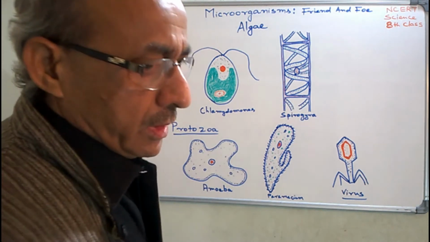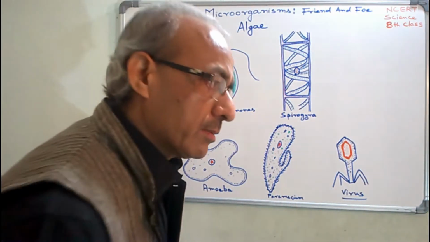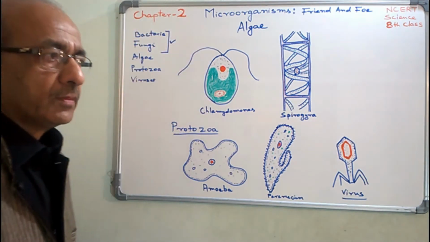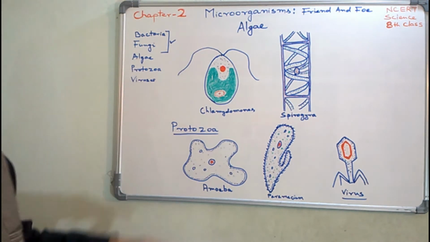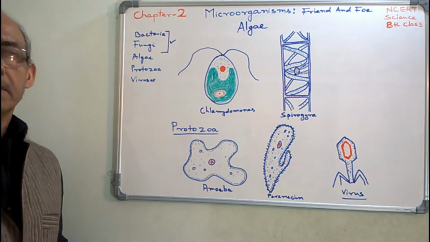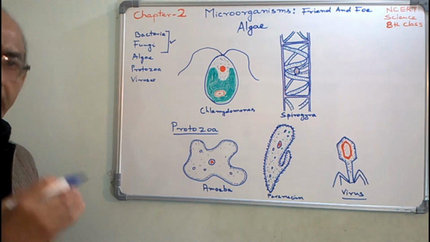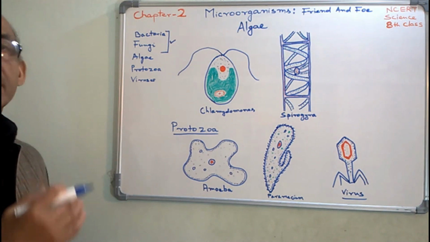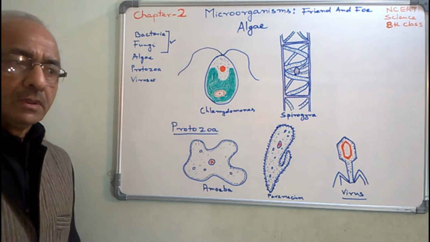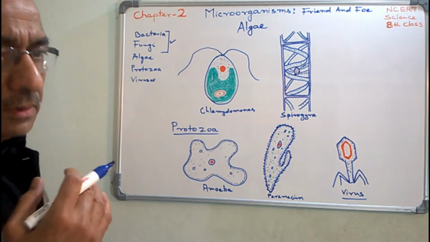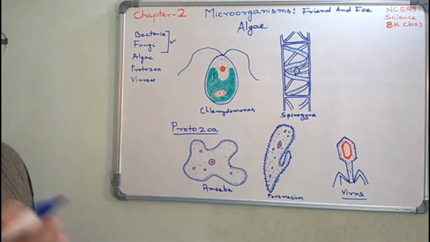Algae are those type of microorganisms which are autotrophs. In the case of bacteria and fungi, we have seen that bacteria belong to the animal kingdom and they are heterotrophs, and most of the bacteria are parasites and they cause various types of diseases in human beings as well as in animals and plants.